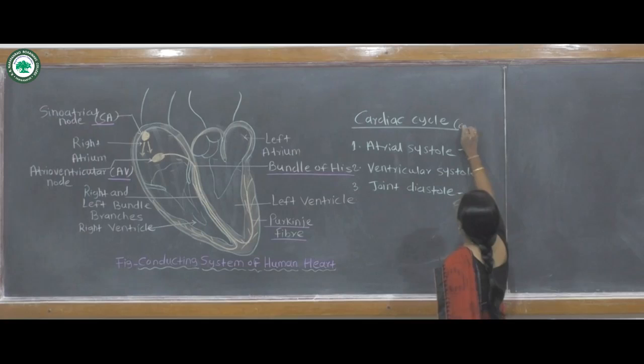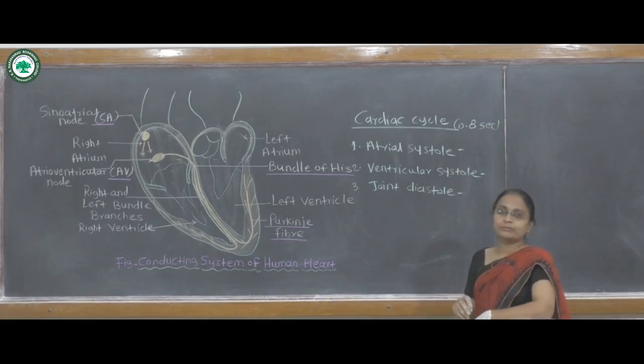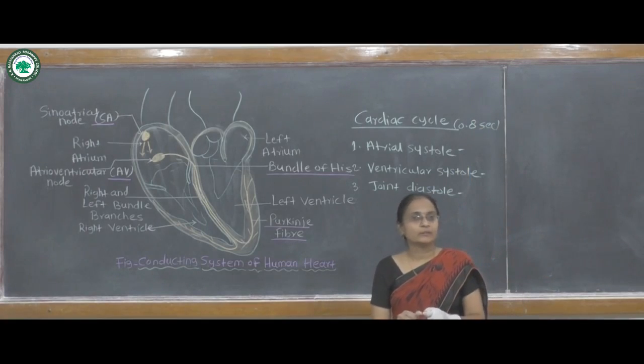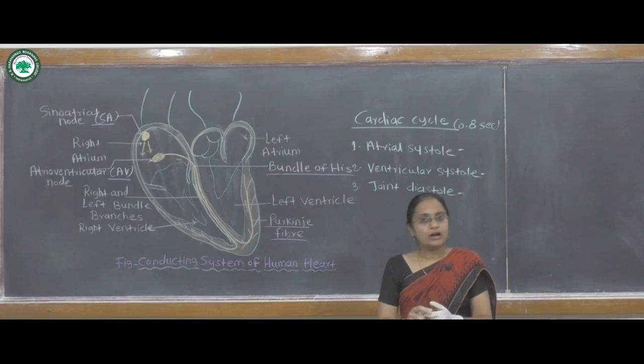In this way, the total cardiac cycle is completed in 0.8 seconds, meaning one cardiac cycle is one heartbeat.